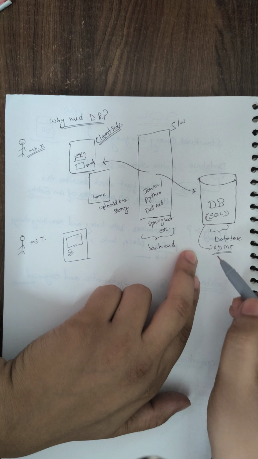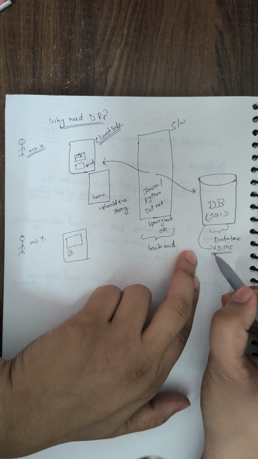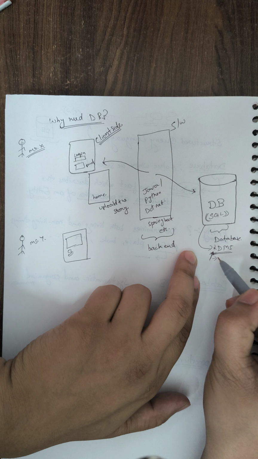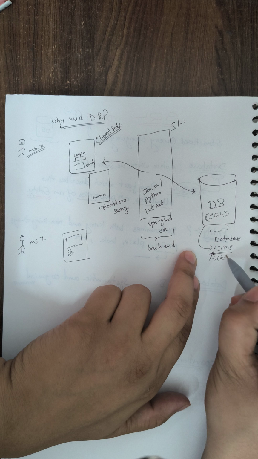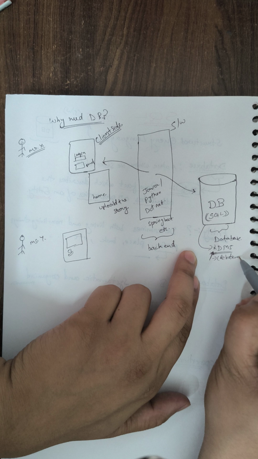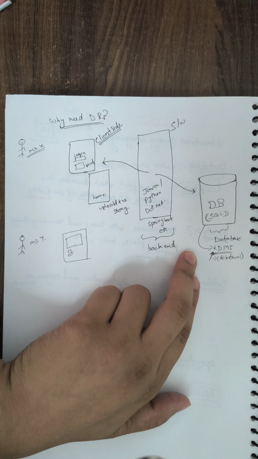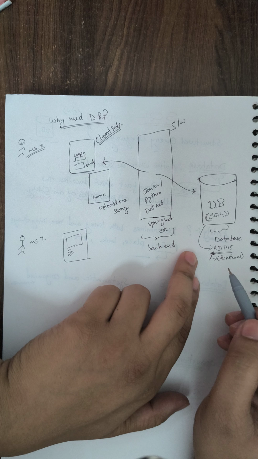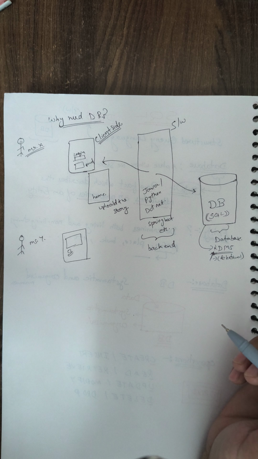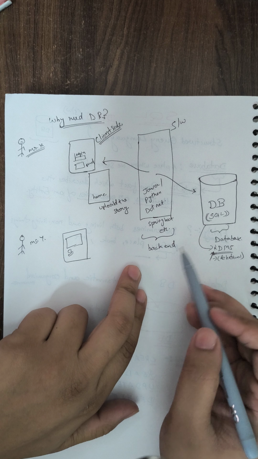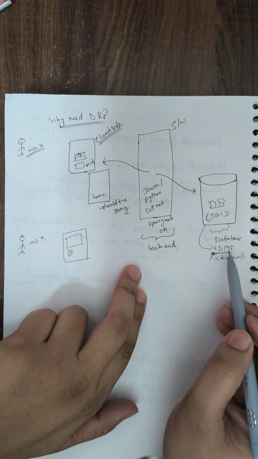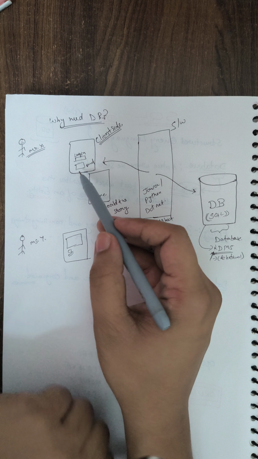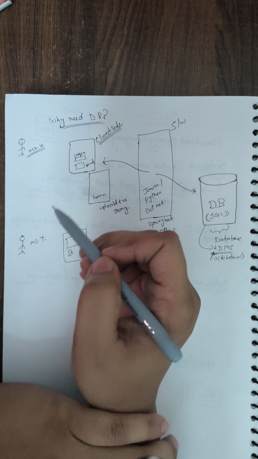In the next videos, we will read in detail what this R stands for. For now, I'll say it is relational. In an upcoming video, I'll explain why it is relational and what the other databases are. So behind the scenes there is a backend, there is an RDBMS, and there is SQL communicating. There is something on Mr. X's side as well.